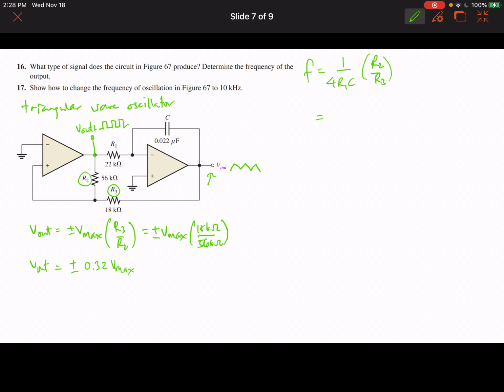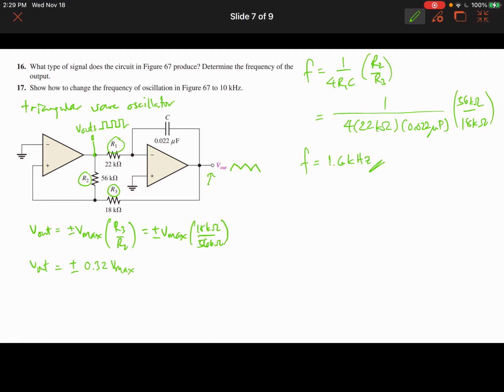If we plug in all that we know, we have 4 times R1, which is 22 kilo ohms, times C, which is 0.022 microfarad, times 56 kilo ohms divided by 18 kilo ohms. This gives us a frequency of 1.6 kilohertz.